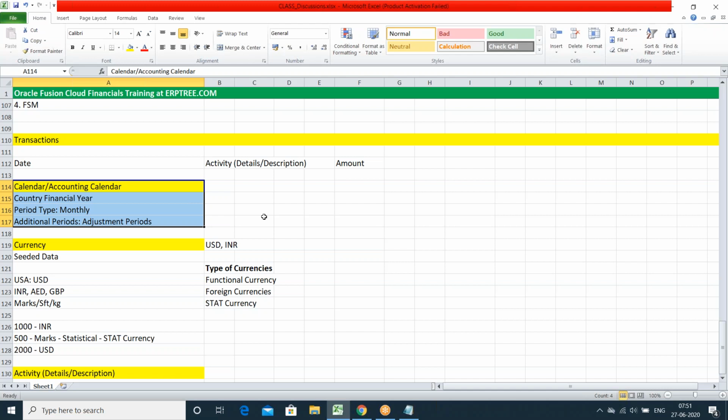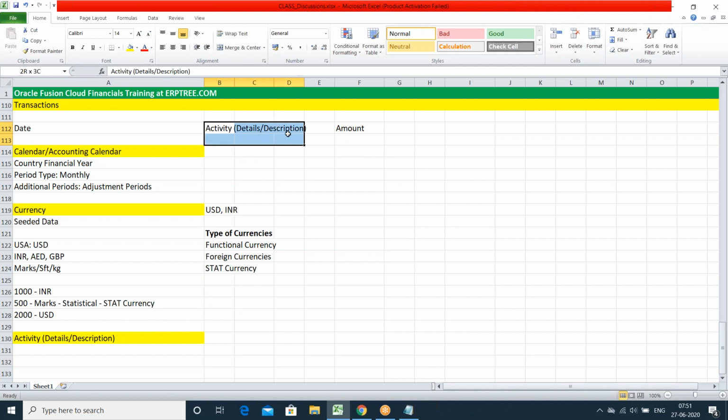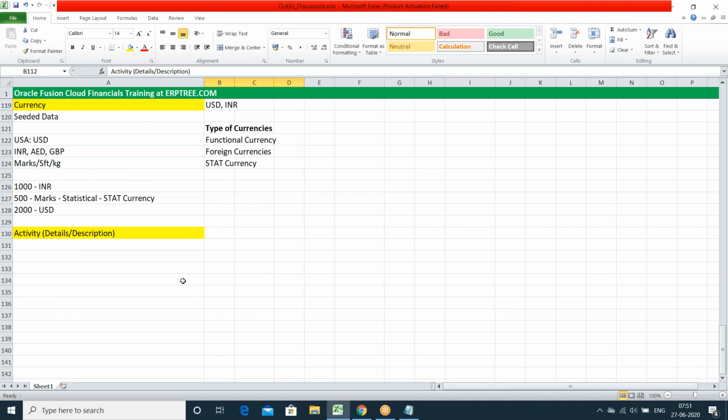You are predefining, keeping it ready so that you can use it. In the same way, if you are going to record the transaction and want to capture its details, you have to keep the information ready in the system: how many companies you have, how many departments you have, what different activities you perform in your company, in which locations you are operating the business. The complete information you have to keep ready in the system.